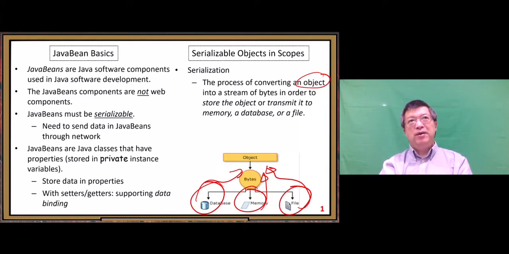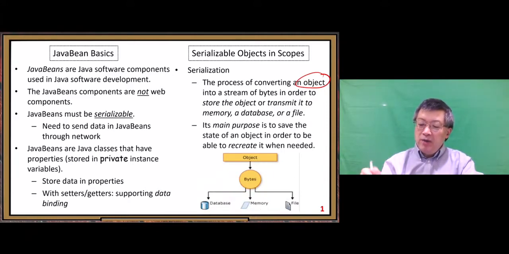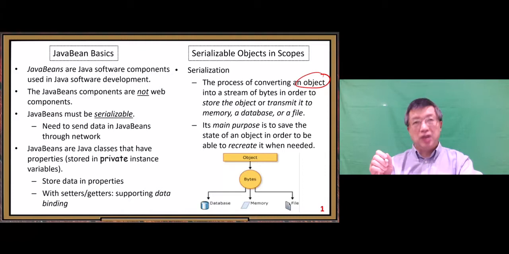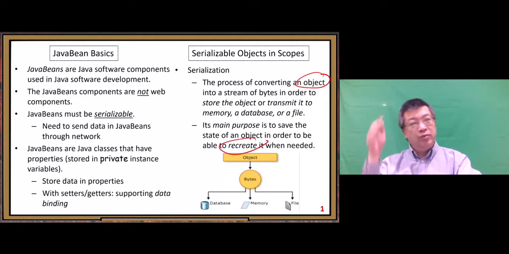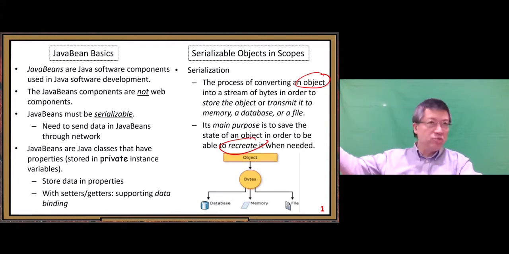We may not know those details, but Java knows what kind of symbols are serializable. We don't need to worry; we just need to know the concept. With that, now you can understand the main purpose: to save the state of an object, in order to be able to recreate, recover, and reproduce it when needed from different storage media.